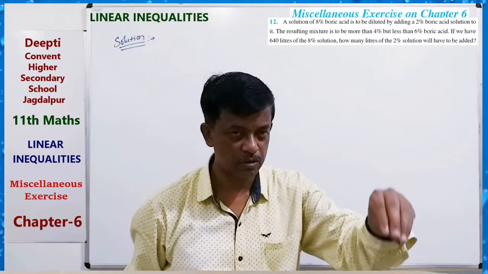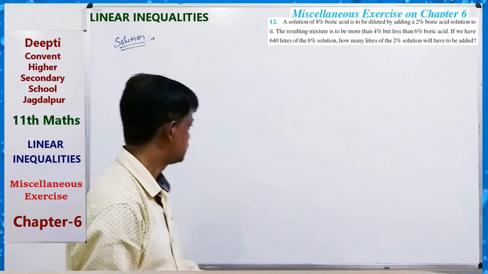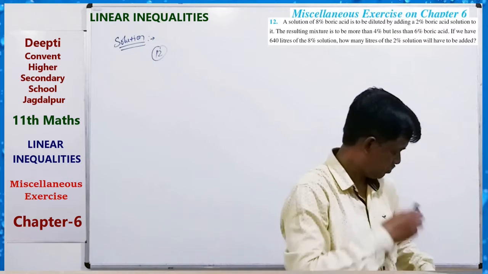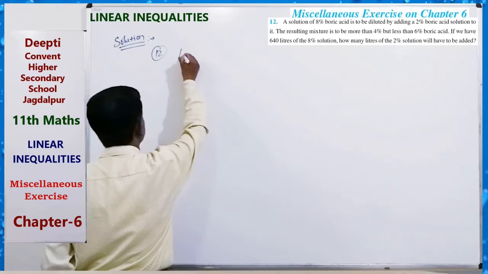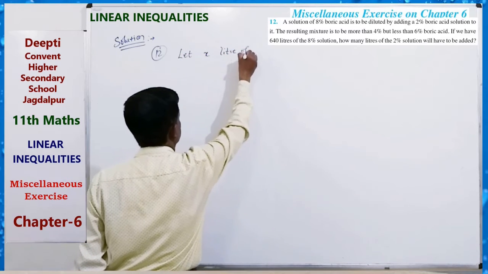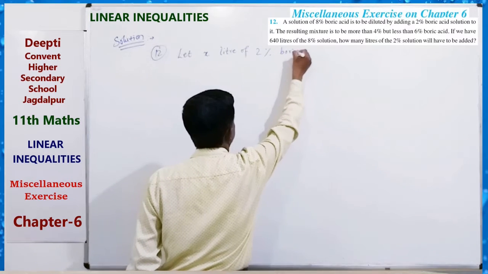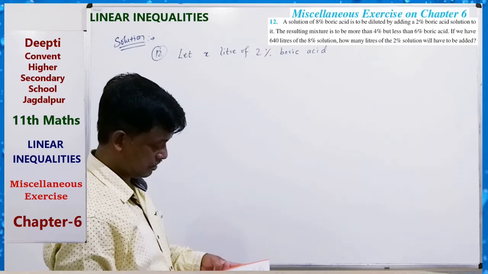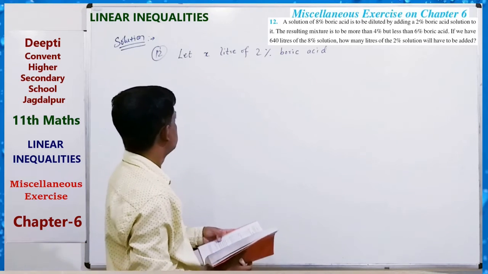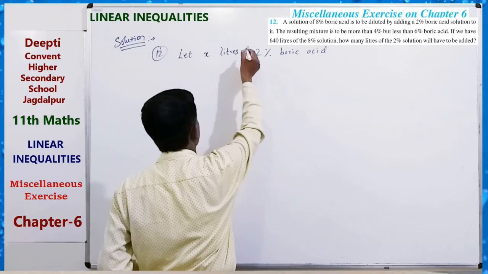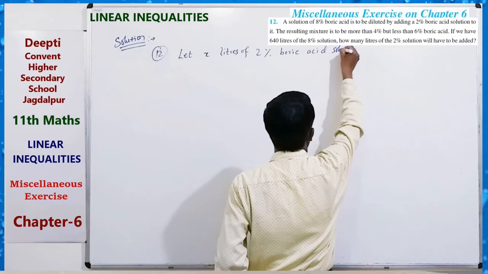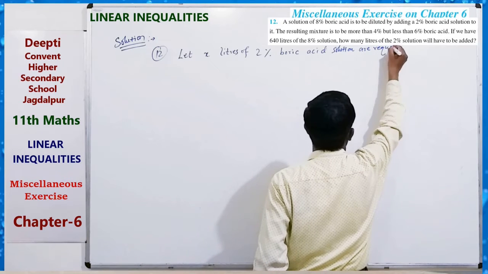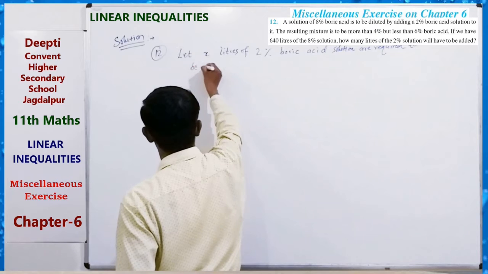Means 2% boric acid solution, how many liters? So let X liters of 2% boric acid solution be required to be added.